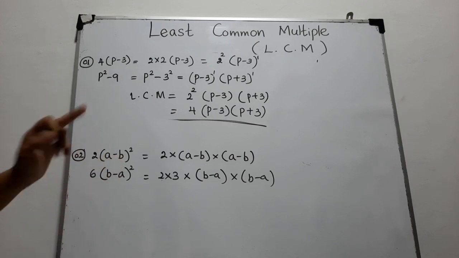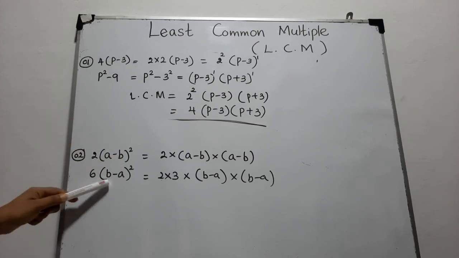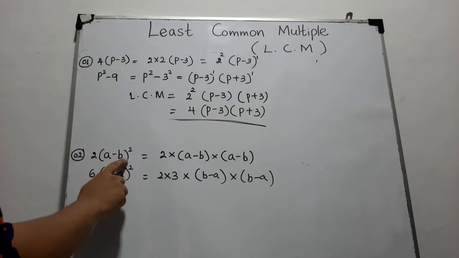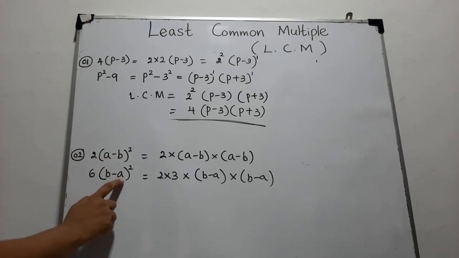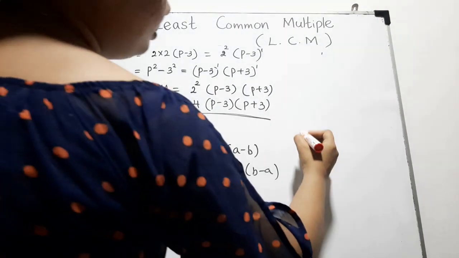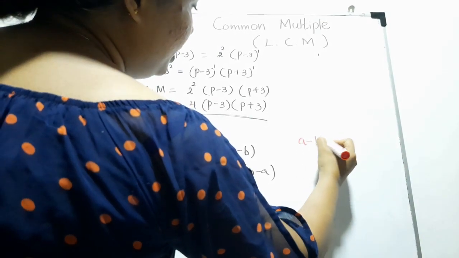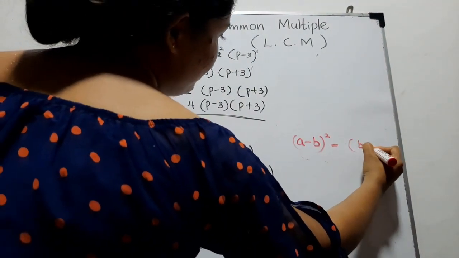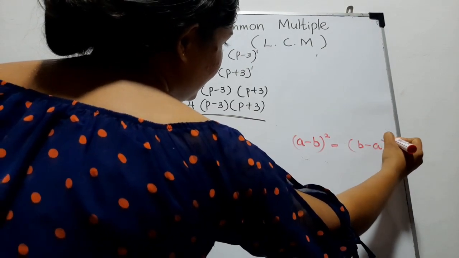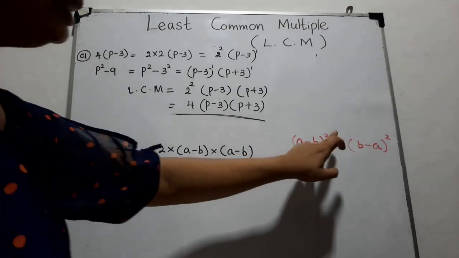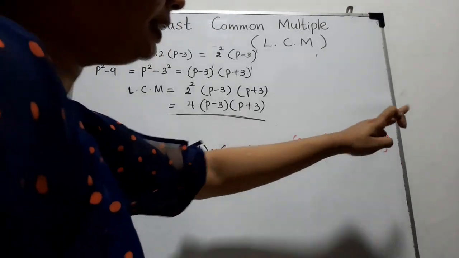Here (a minus b) squared and (b minus a) squared. Here b is subtracted from a, and here a is subtracted from b. This is an important fact: (a minus b) squared is equal to (b minus a) squared.